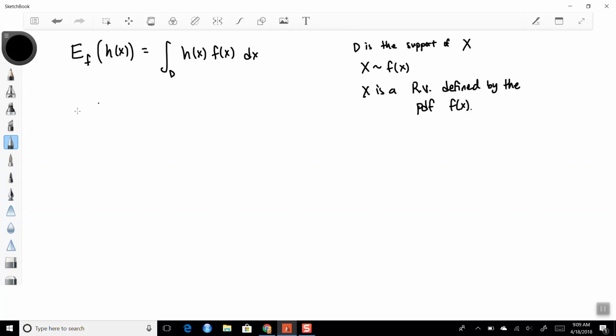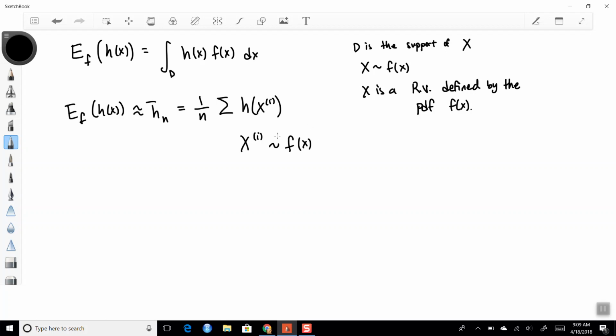And we said we can approximate this. The expected value of h of x can be approximated by our Monte Carlo estimate, which is equal to 1 over n of the sum of h of x sub i, where the x sub i are drawn from f.